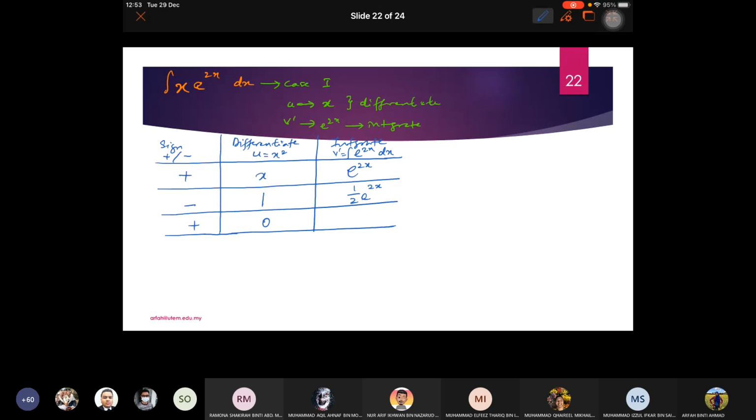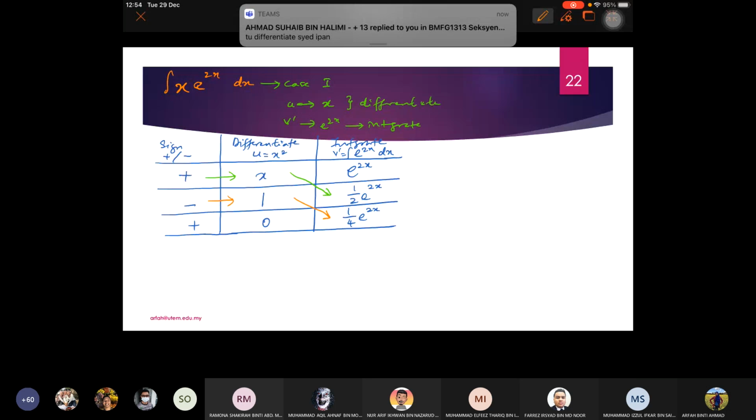So thank you siapa yang tolong jawab tadi. Integrate 1/2 exponential 2x, 1/4 exponential 2x. Okay. So daripada sini ambil dia punya hasil darab yang ini. Okay. So what will you have for the integration?